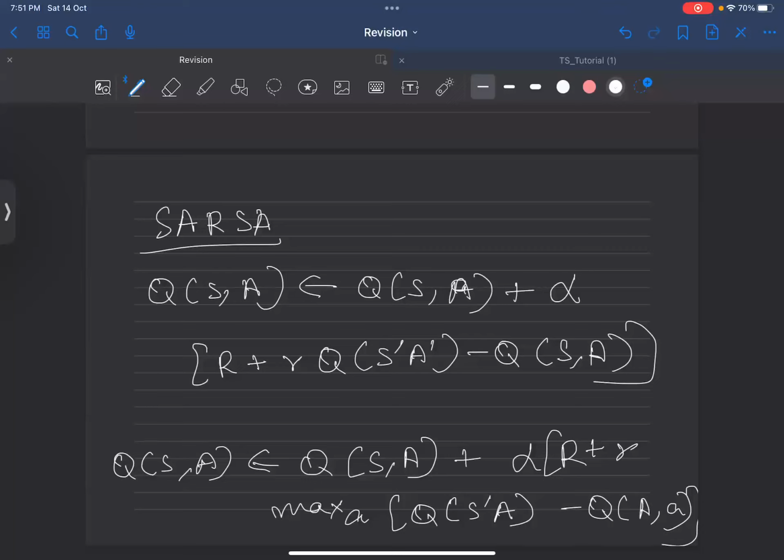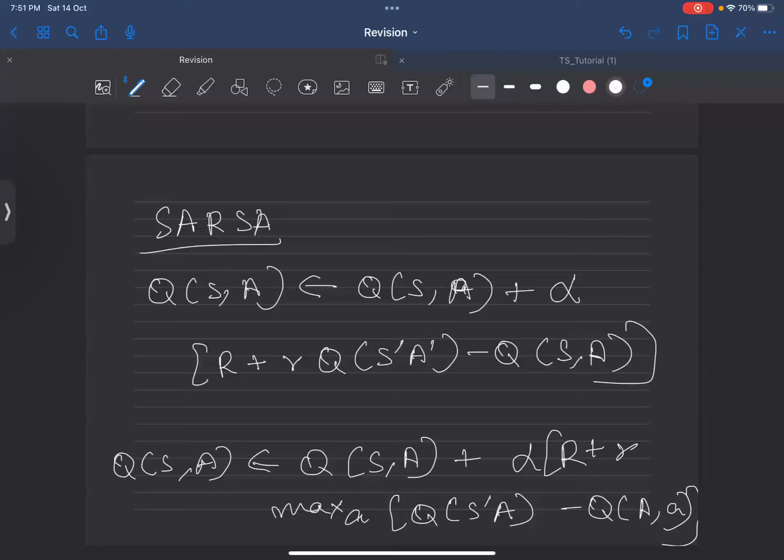So here in SARSA, we select the action in the next state. But in case of Q learning, we select that action which maximizes the Q value in the next state. Basically, Q learning estimates the Q values based on immediate reward, and the highest, the maximum Q value in the next state.